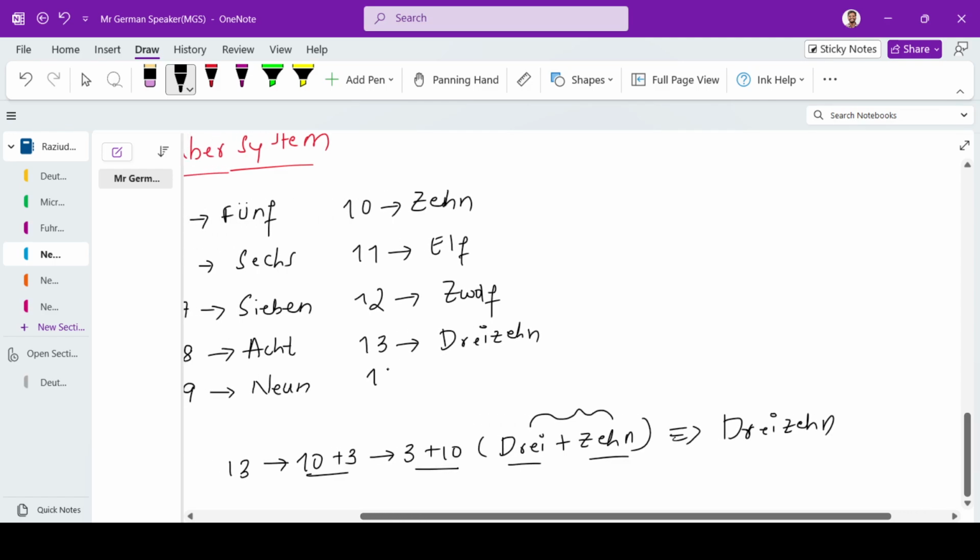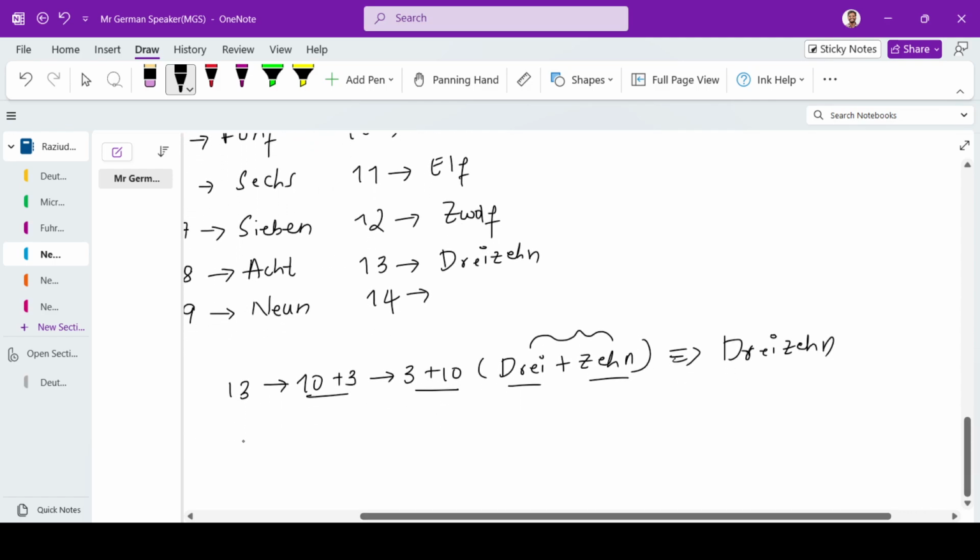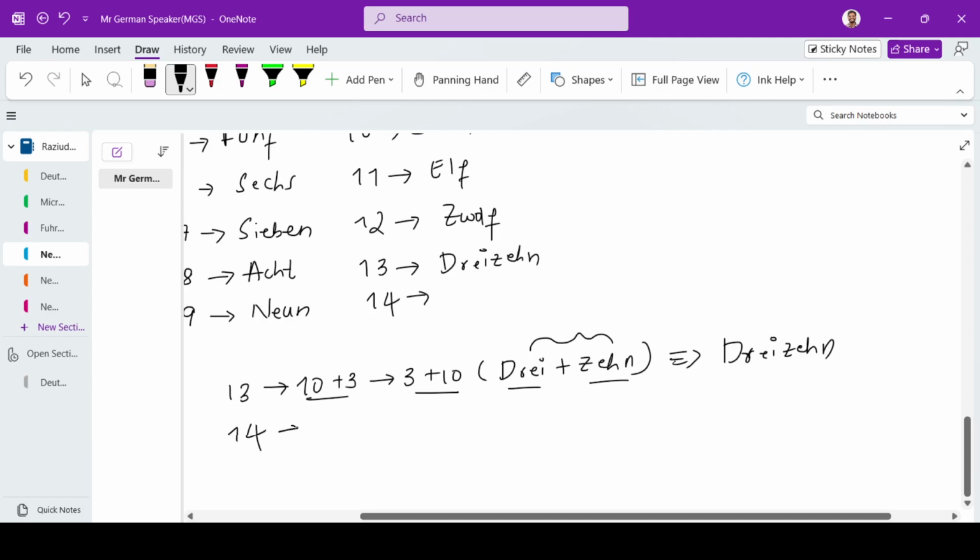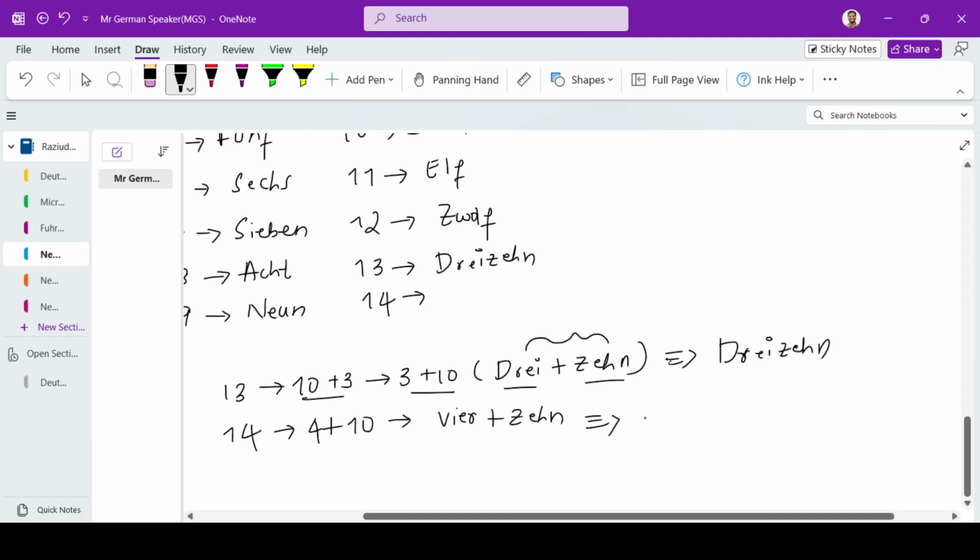Similarly, it goes for 14. 14 is written as 4 plus 10, so we write it as vier plus zehn.